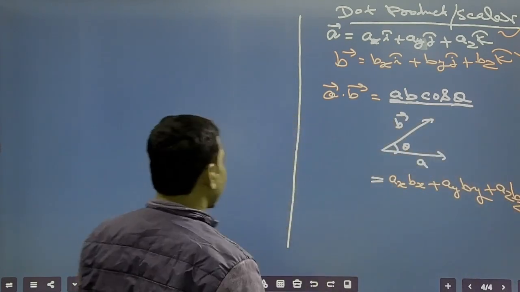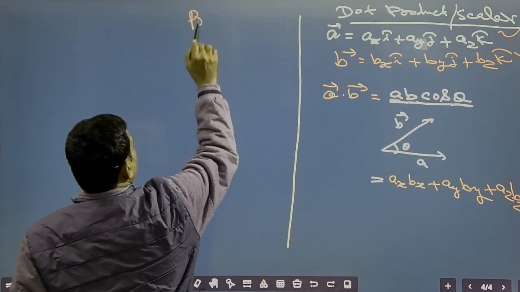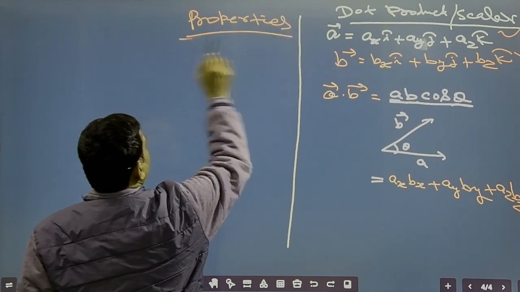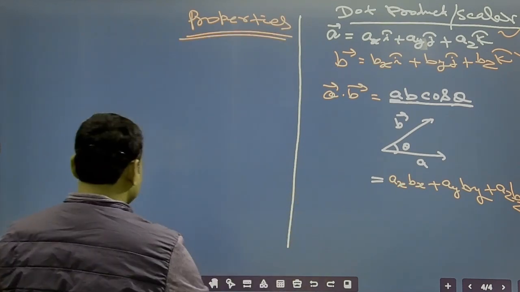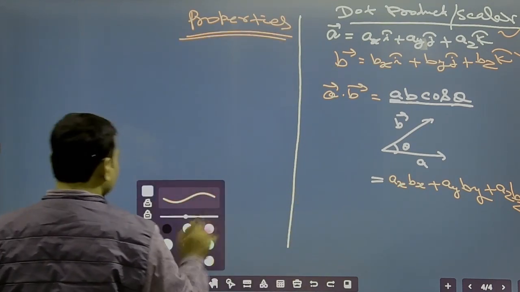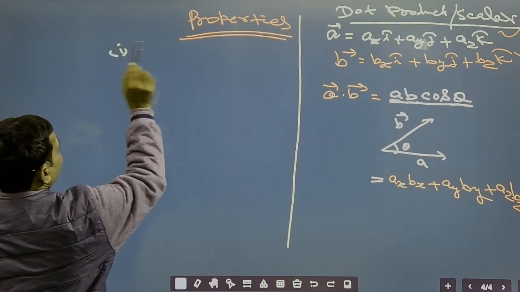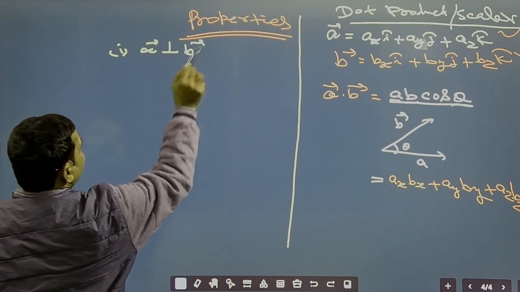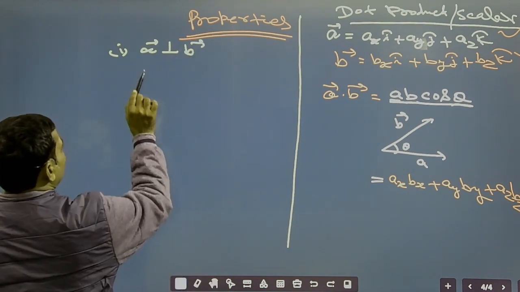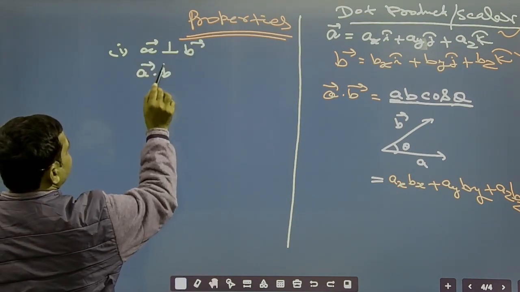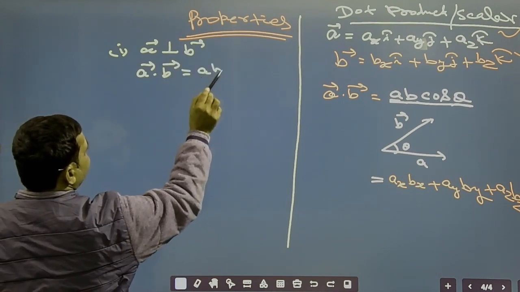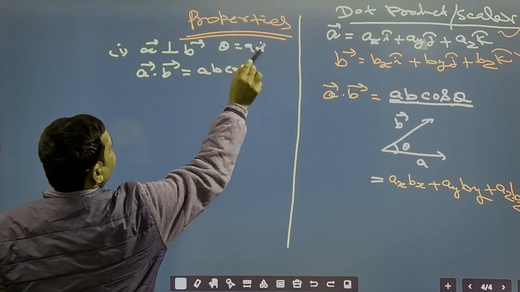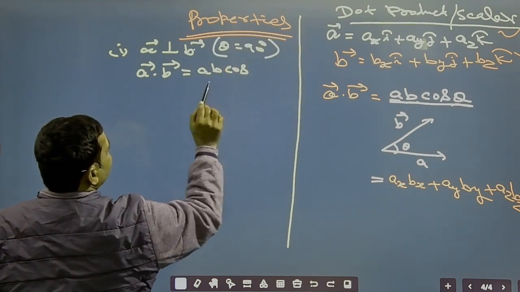So first property you see here: suppose two vectors are perpendicular to each other. What will be the value of their dot product? The dot product is equal to AB cos theta, and perpendicular means theta is equal to 90 degrees.